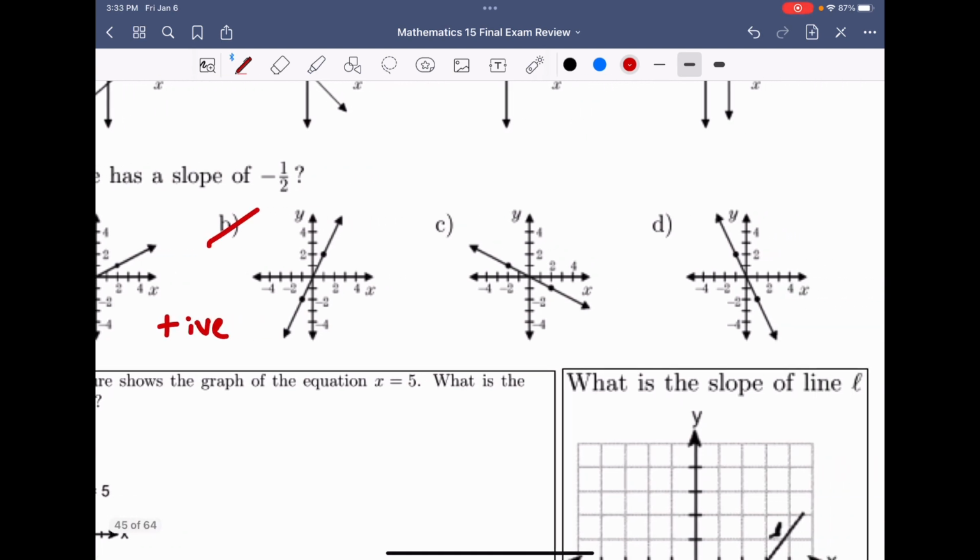Now, when we talked about this in class, a really fast way to look at these and determine the slope and see if it's correct is the more up and down, or strictly, the more vertical a line gets on the graph, the more positive it becomes. So rather than it being just, let's say I looked at this slope, I would assume this is somewhere in the integer values.